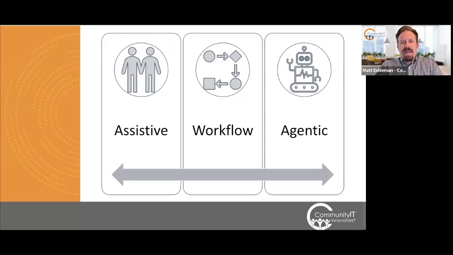So in the assistive world, the human's in charge, and it's helpful to think of that as a smart intern sitting next to you. Those are the examples that are pretty common, and I think we see most folks dipping their toe in using that assistive model.